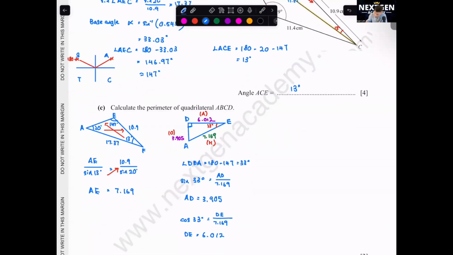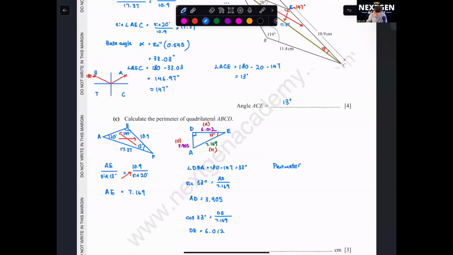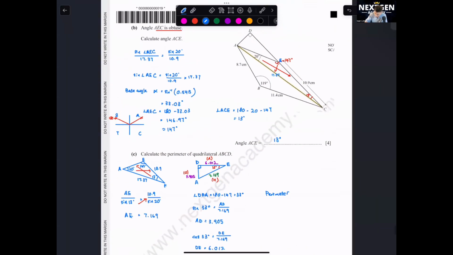Now let's find the final one, perimeter. The total perimeter. So we have here 6.012, then here 3.905. We're gonna add all of it up together. So here will become 8.7 plus 11.4 plus 10.9 plus 3.905 plus 6.012.